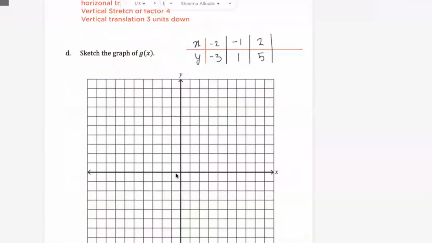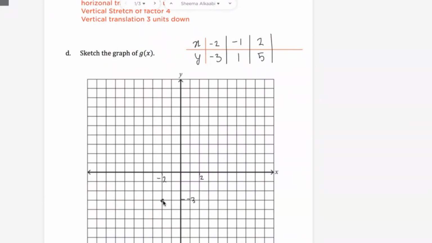So we put -2, -3 here. This is your point. That's 2. Put -2 here. Now the point is here.